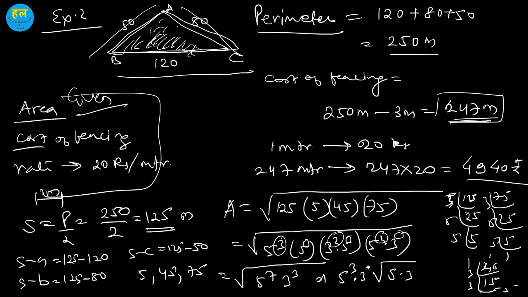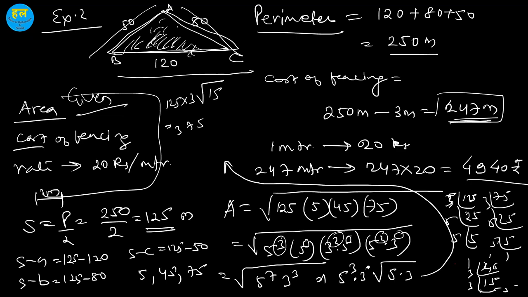So what we get here, writing this here, is 125 into 3 root 15, which is equal to 375 root 15 meter square. This is our area. Okay.